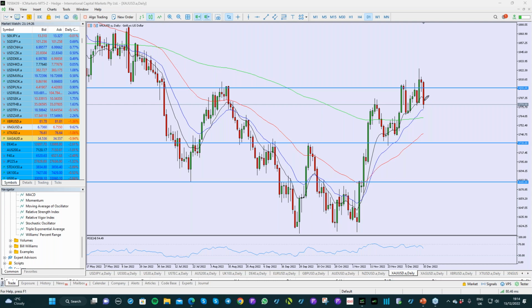Okay, so we've got a few scenarios that could play out, and I want to also mention that while I did say that 95% of my trading decisions are based on technical analysis, I do also take fundamentals into account. And fundamentally at the moment, I am actually bullish on gold, because seasonally gold tends to be strong at the end of the year.